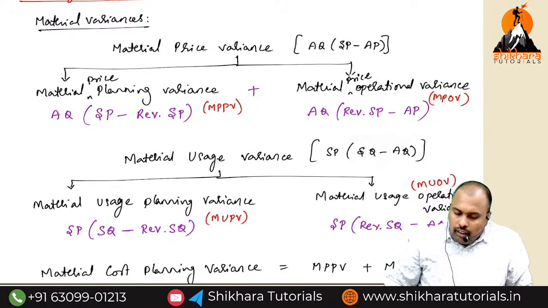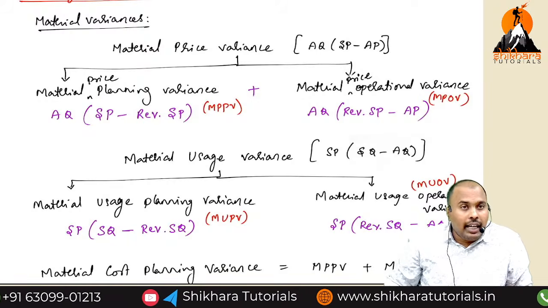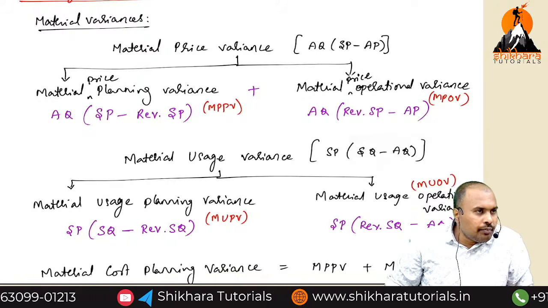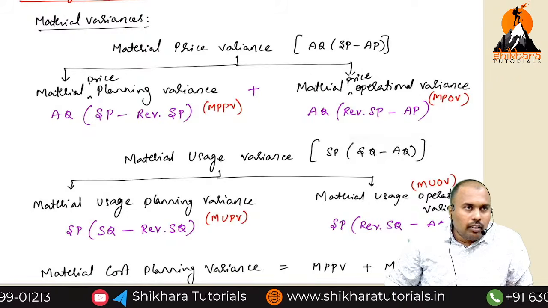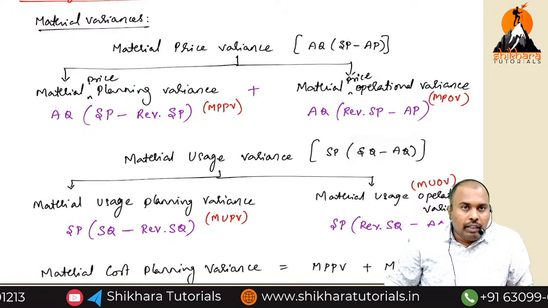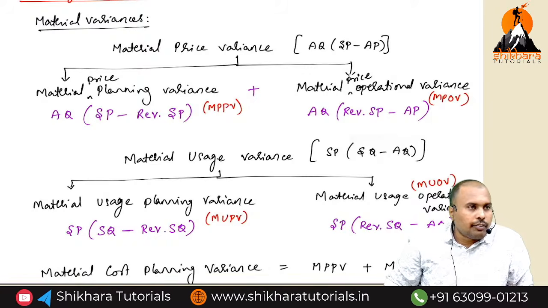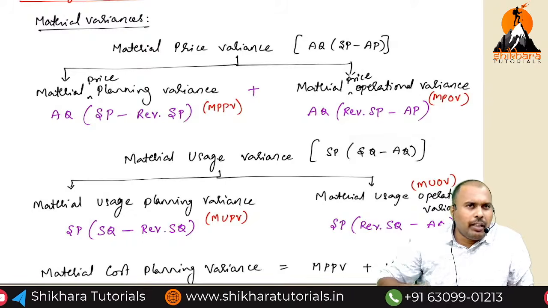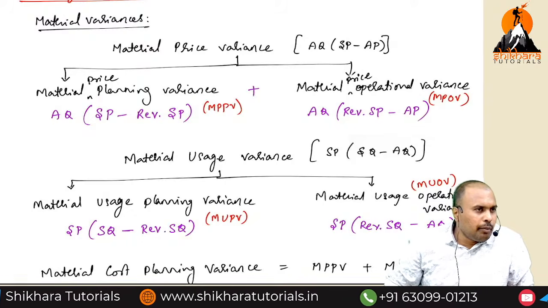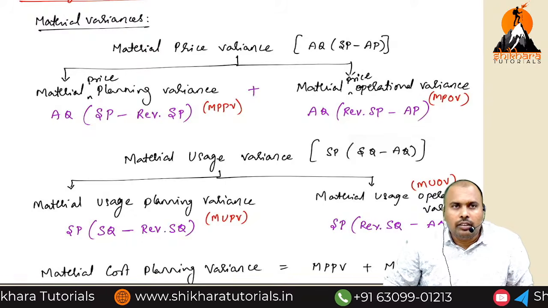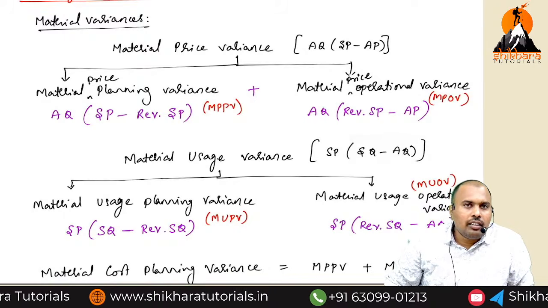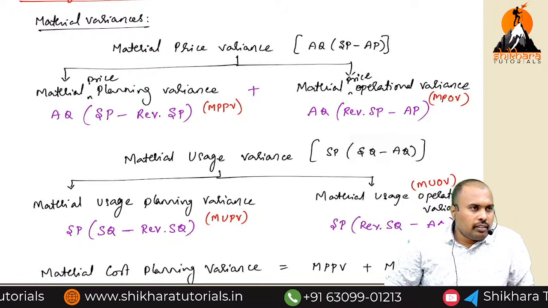Now what is labor rate operational variance? Actual hours into revised standard rate minus actual rate. Same formulas and the same concept will be applicable. Understood? So that's about planning variances and operational variances.